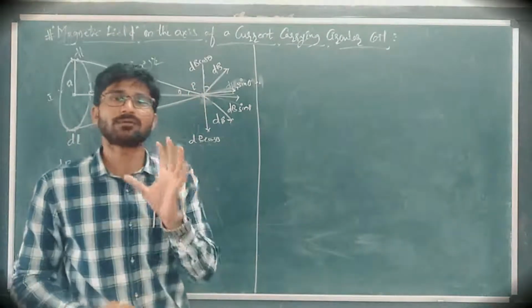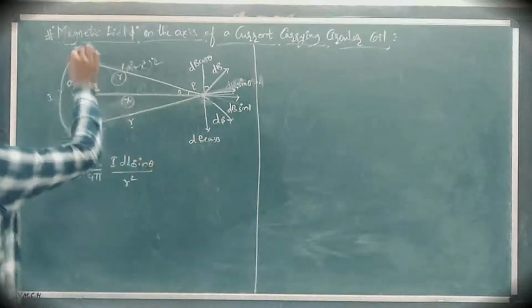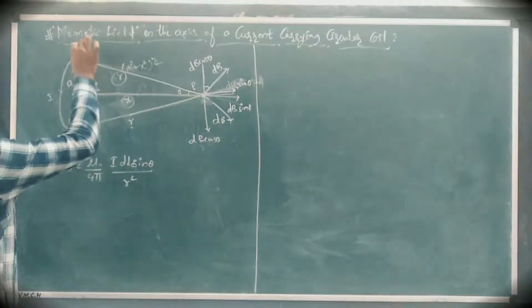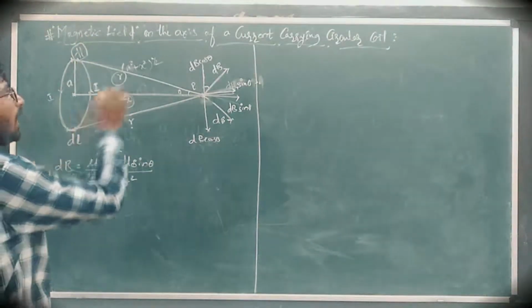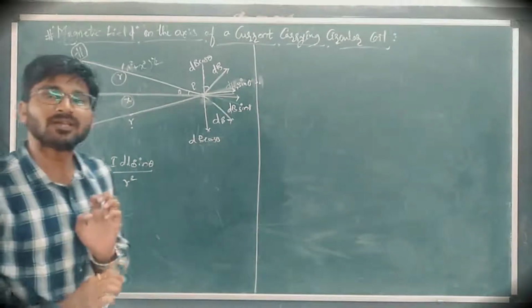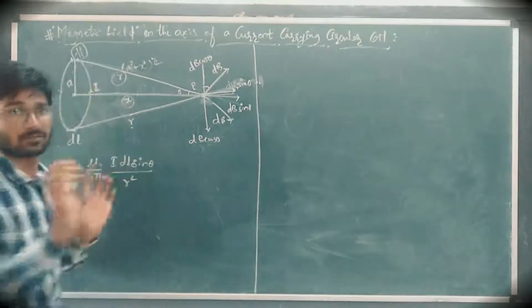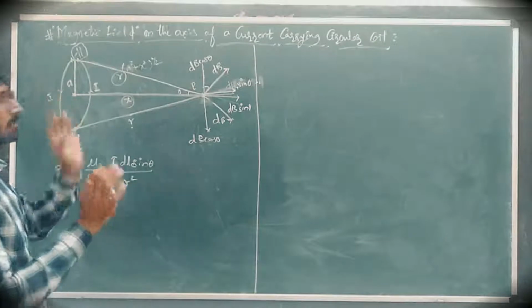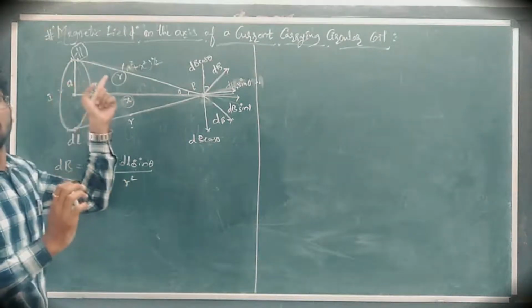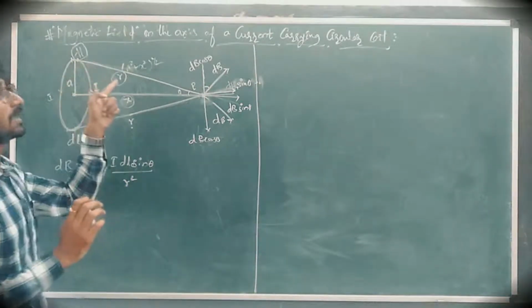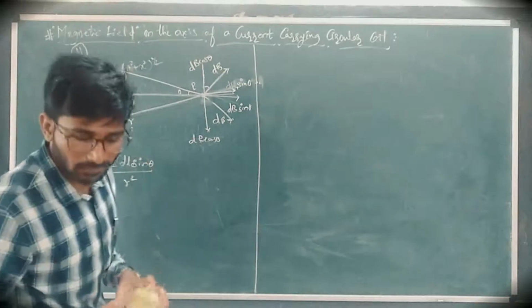Here we are going to find the angle between dl and r. Remember one thing: the angle is not between a and r, it is between dl and r. How are you going to find that?